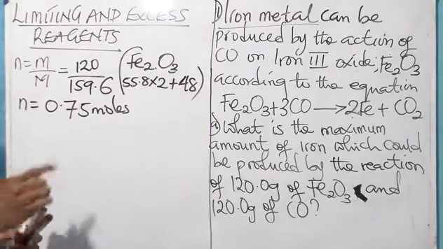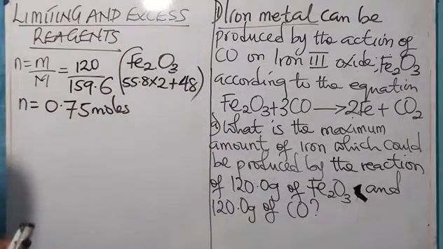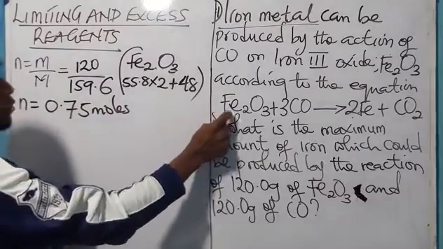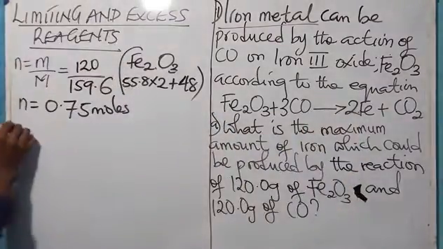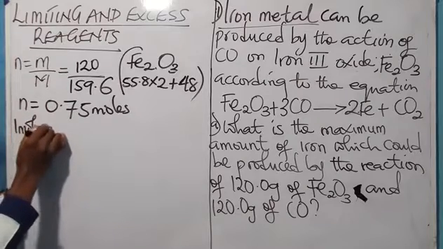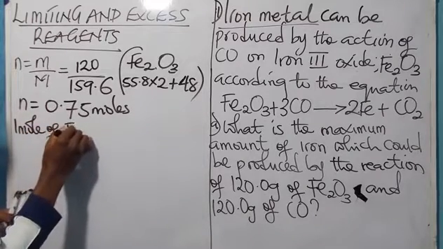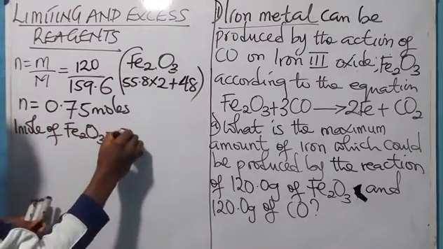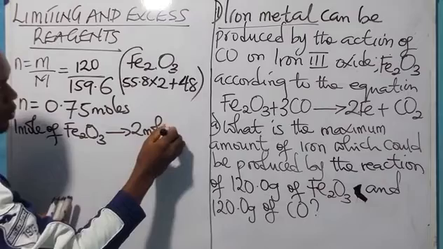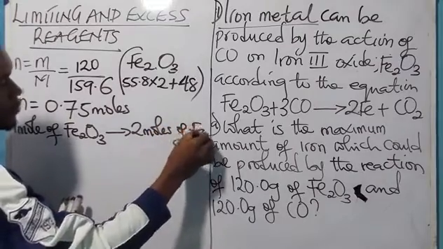0.75 what? Moles. Now from the reaction, it means that 1 mole of Fe2O3 will produce 2 moles of iron. So 1 mole of this will produce what? 2 moles of Fe.